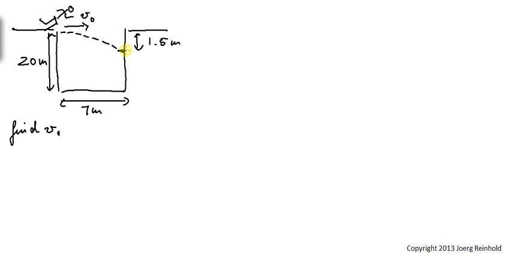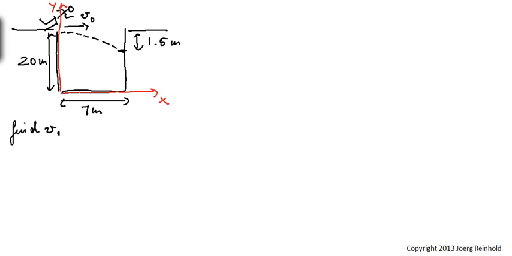Let's look at the things we know already. Let's define a coordinate system first. So I can, for example, define a coordinate system with a vertical y going upwards and x in this direction.